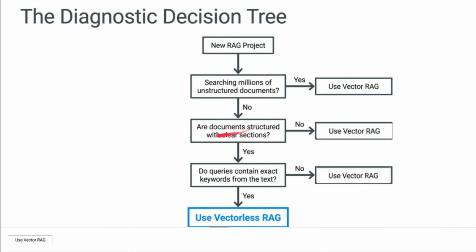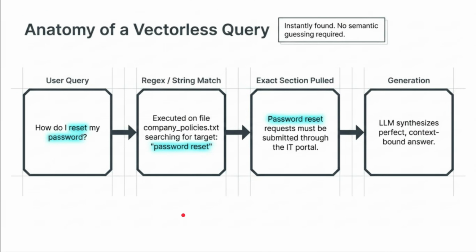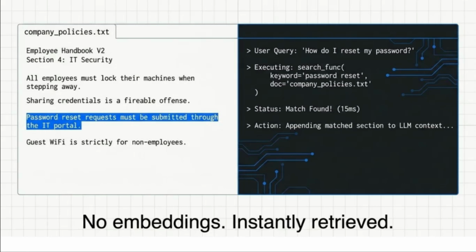But if your documents are already organized, if they have clear sections, if the user's question contains keywords that appear directly in the document, then Vectorless RAG is exactly the right tool. Think about a support FAQ. The user asks, how do I reset my password? That exact phrase is probably somewhere in the FAQ document, and you don't need embeddings to find it. You just need to search for the words.